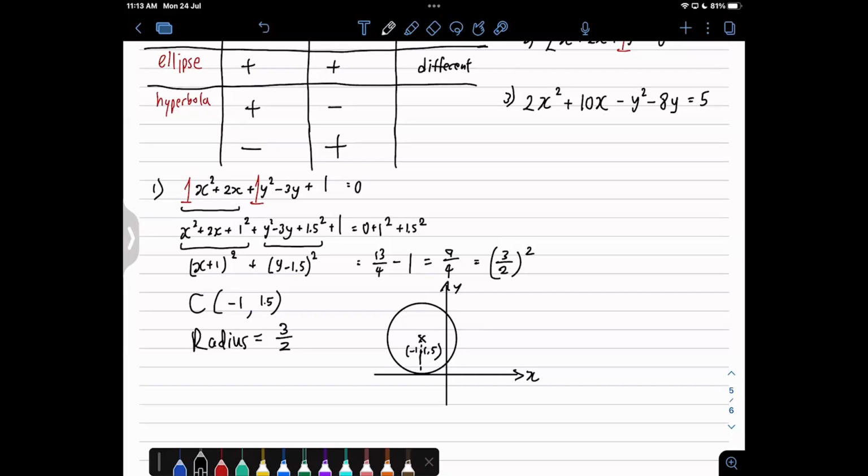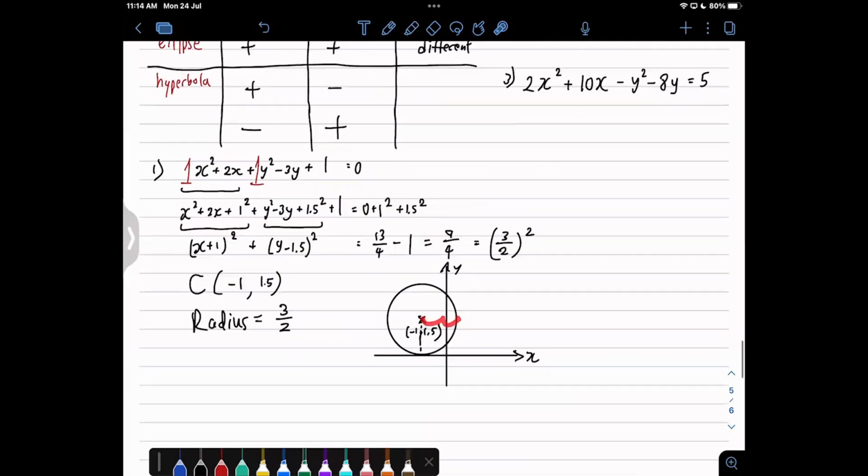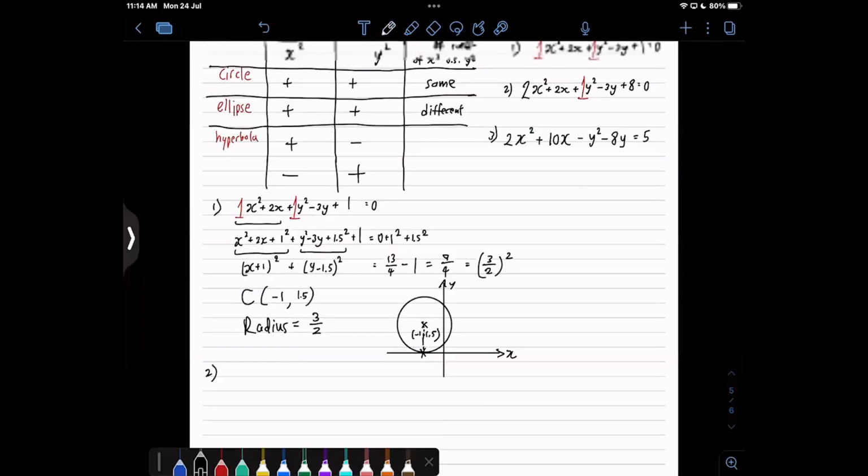The radius is 1.5. This is -1, so it's 1 unit. And then this part is 0.5 units until you hit this point. Coincidentally, it hits the y-axis exactly. Okay so far? Circle? Very good. Then just label the equation.